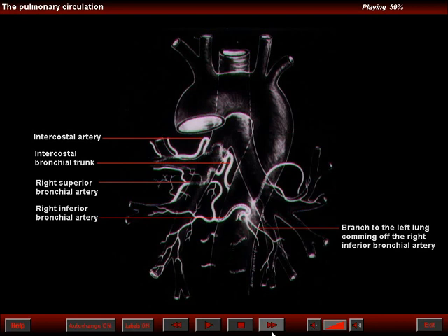Most of the time, the bronchial arteries to the left lung arise independently from the ventrolateral aspect of the descending aorta. And the way to search for these vessels is to go from the arch of the aorta to the level where the left main bronchus crosses the descending aorta.